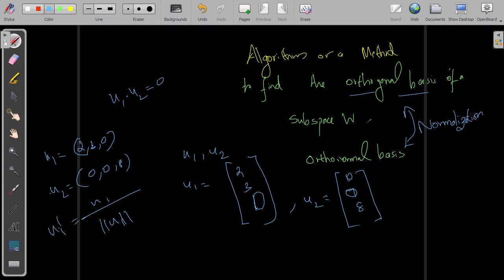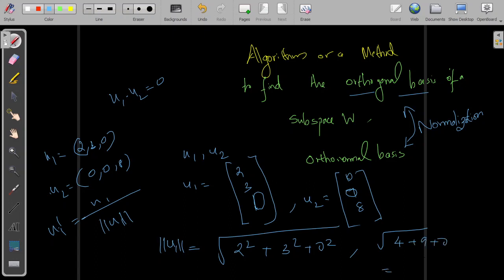The norm of u1 is given by the formula under root 2 square plus 3 square plus 0 square, that is under root 4 plus 9 plus 0, which equals root 13.